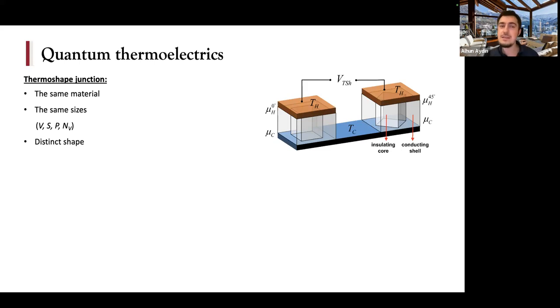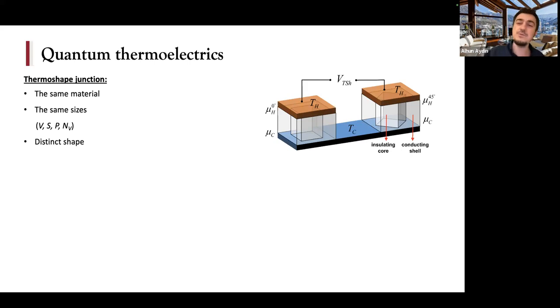So we did a different thing. We took the same material and the same charge carriers for both legs. If you do that, you wouldn't get any thermoelectric effects because the electrochemical potential gradients will be the same on both sides of the junction.